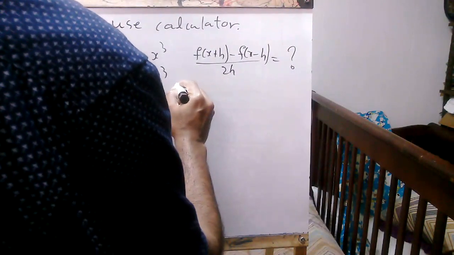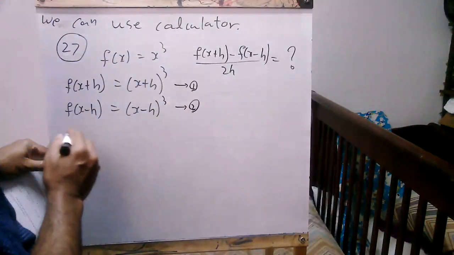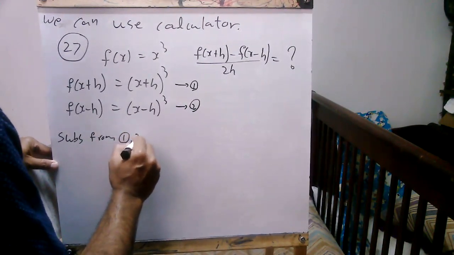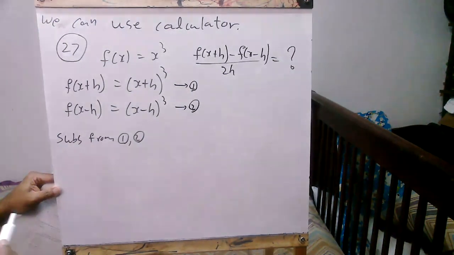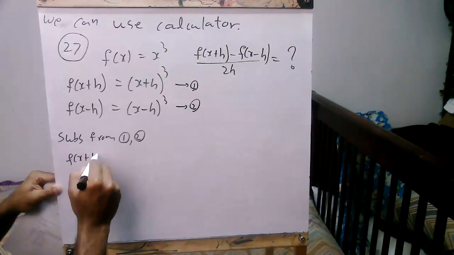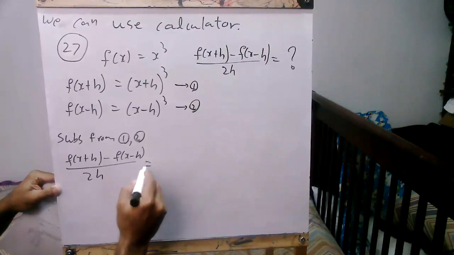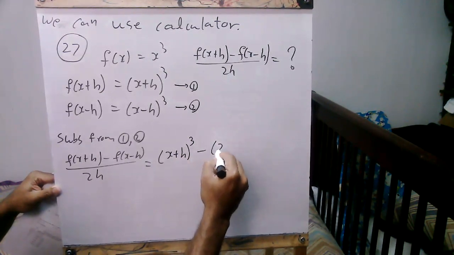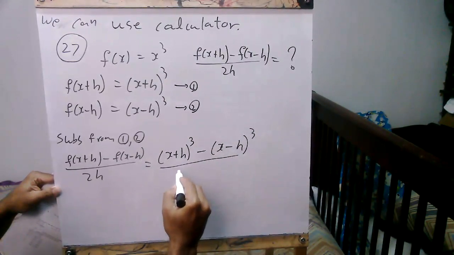Then substitute these two into this, substitute from 1, 2 into the given expression and simplify. f(x plus h) minus f(x minus h) divided by 2h, which is equal to x plus h cubed minus x minus h cubed divided by 2h.